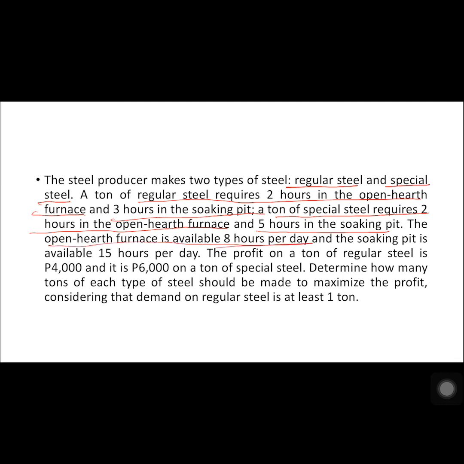The open hearth furnace is available for 8 hours per day, and the soaking pit is available for 15 hours per day. The profit on a ton of regular steel is 4,000 and it is 6,000 on the special steel. Determine how many tons of each type of steel should be made to maximize the profit, considering that demand on regular steel is at least 1 ton.